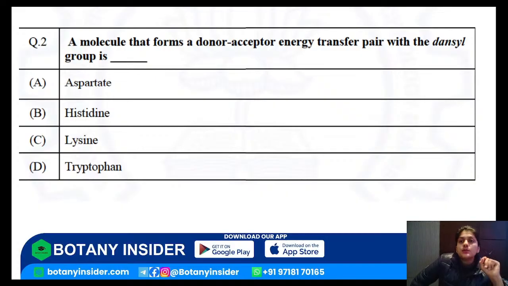One more question. A molecule that forms a donor acceptor energy transfer pair with dansyl group is. So, which molecule forms a donor acceptor energy transfer pair? Mark the answer for this. Give it a try. A molecule that forms a donor acceptor energy transfer pair with the dansyl group is.